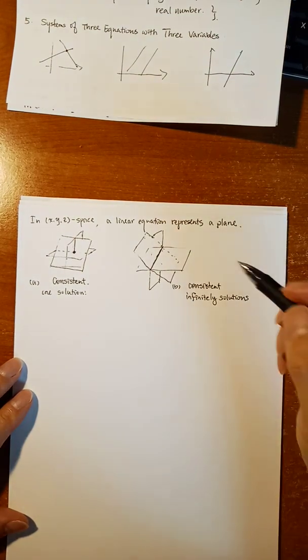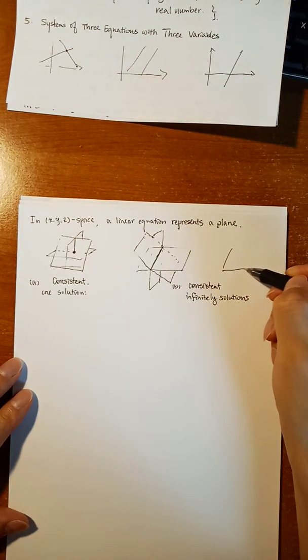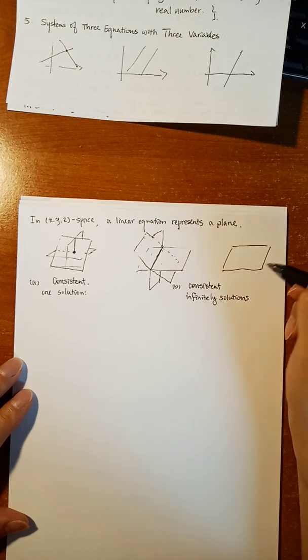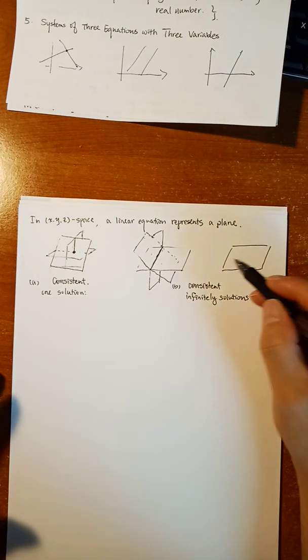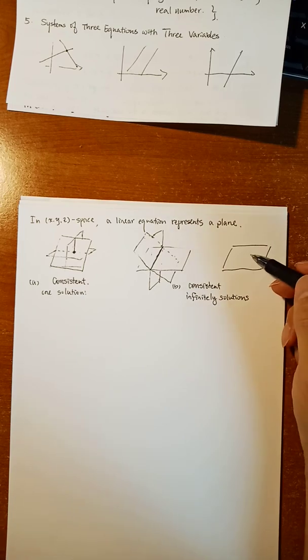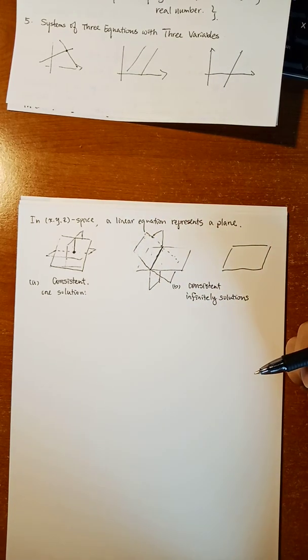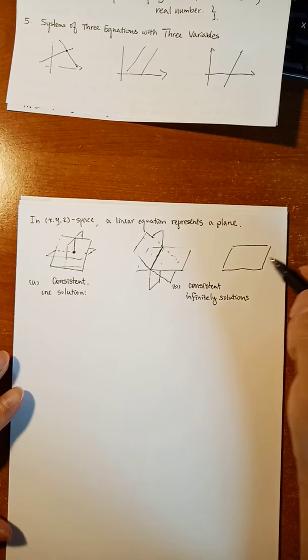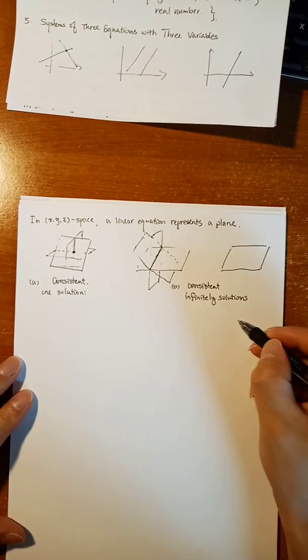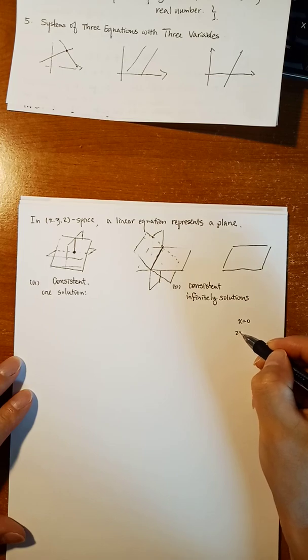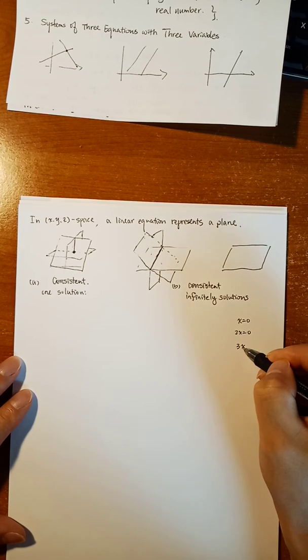And also, there's a case that all three equations are equivalent. They just represent one plane. So for example, you will have x equal to 0, 2x equal to 0, and 3x equal to 0.